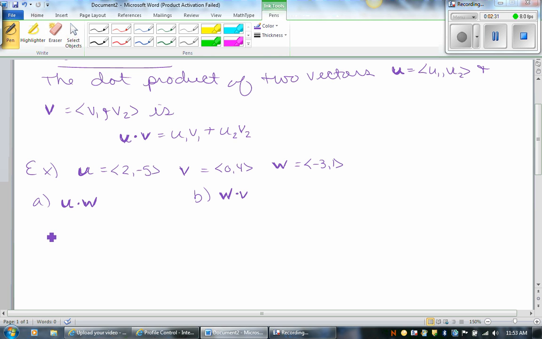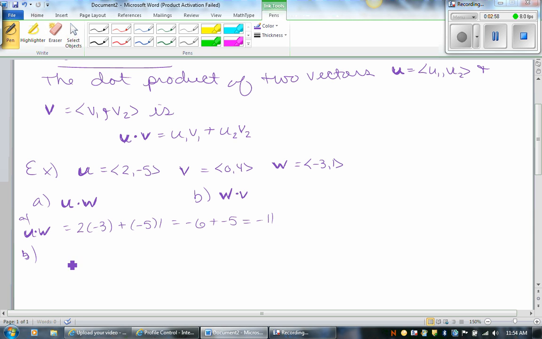All right, so U dot W, again, what we're doing is we're taking the product of the first two components, so 2 times negative 3, and we're adding to that the product of the second components, negative 5 times 1. So we get negative 6 plus a negative 5, which we know is equal to negative 11. Okay, so there's A. Pretty simple.